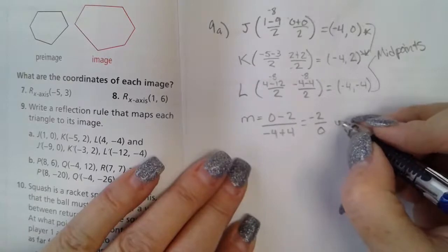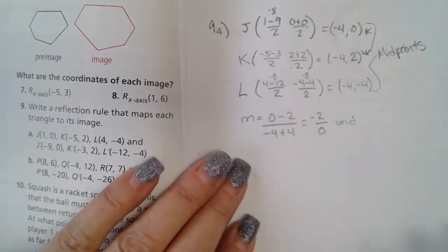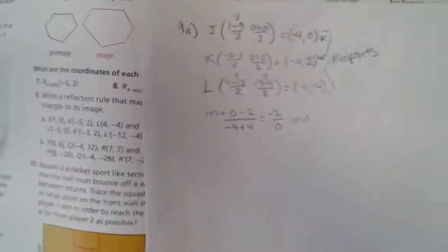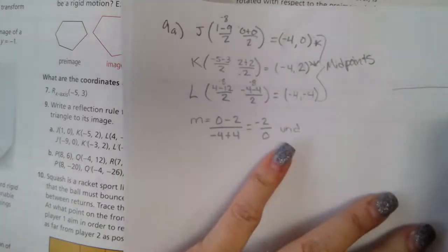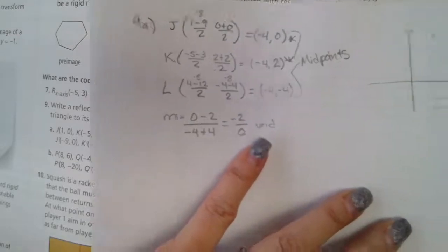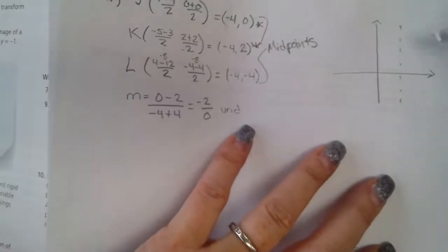Now, if I were to graph an undefined slope, what kind of a line has an undefined slope? A line that's not completely straight? No, then it would have a slope. What about a vertical line? Does it have a slope? No, it's undefined. Any vertical line has an undefined slope.